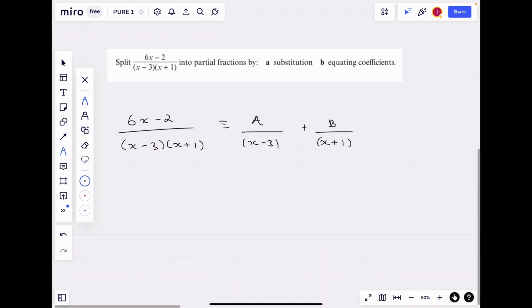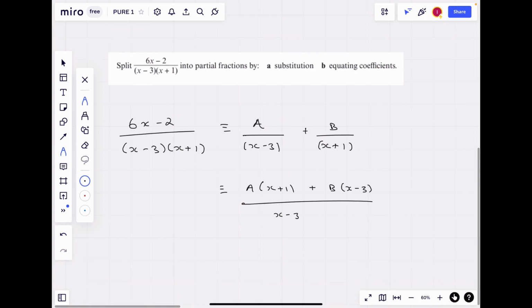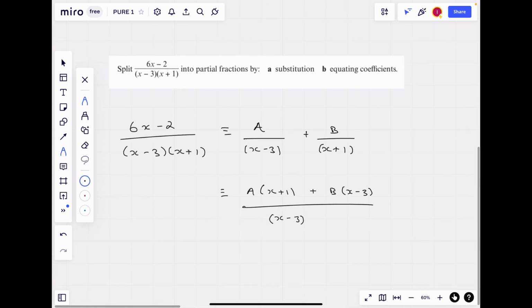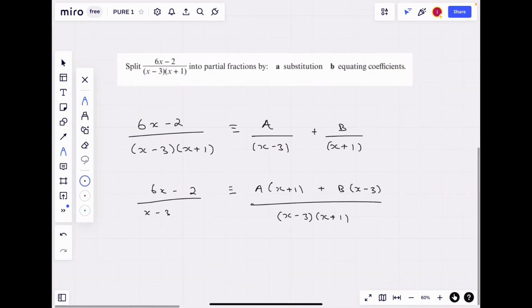Cool. Now I want to combine the fractions on the right hand side. So I can have A bracket x plus 1 plus B bracket x minus 3, all over x minus 3, x plus 1. And on the left hand side I have the same thing. I haven't done anything to that yet.